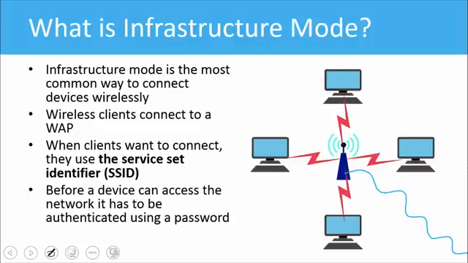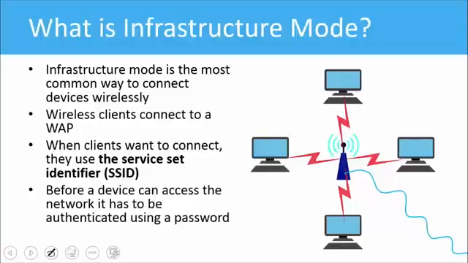When clients want to connect, they use a service set identifier. So if you are connecting to the internet through an internet service provider and you have a home router, you probably are connecting by using a service set identifier, an SSID, right now. Mine at home, if I can divulge this, and I'll write it up on the screen for you, is Go Seahawks.